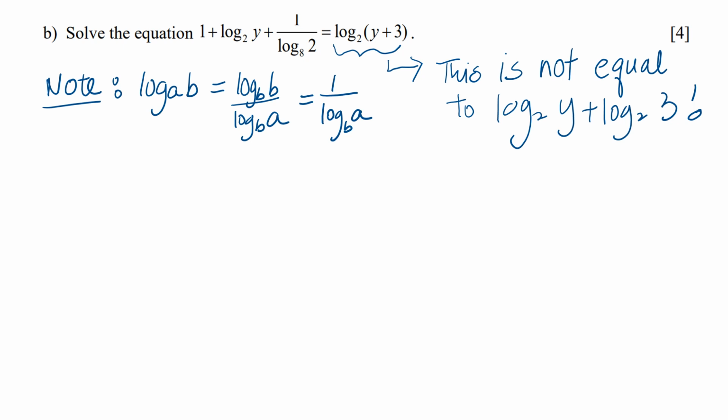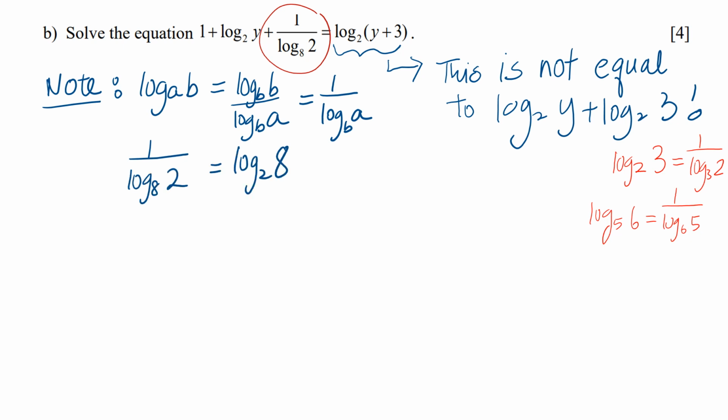Meaning, if I have log base 2 of 3, that equals 1 over log base 3 of 2. Let's try another one. If you have log base 5 of 6, that is actually 1 over log base 6 of 5. This is a very, very useful shortcut, which we're going to use on this particular term here.